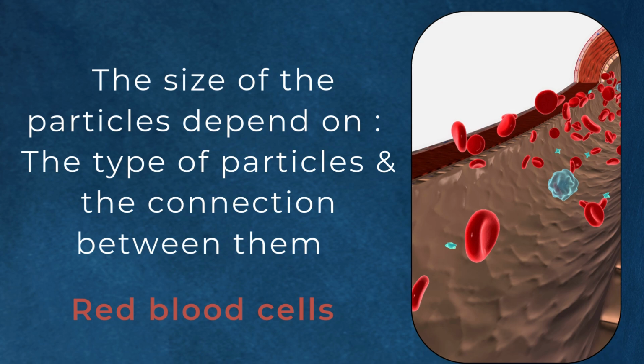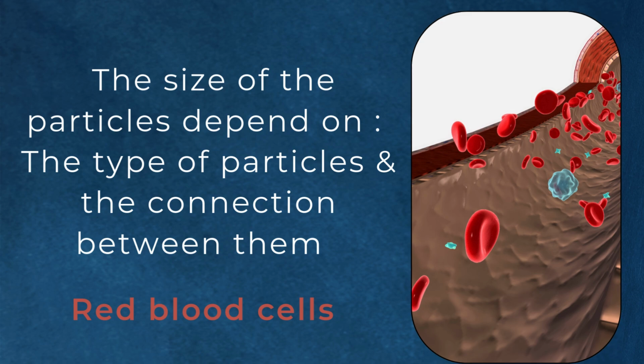So the size of particles depends on the type of particles, as each type of particles has a different size from the other particles. And we have an example here like the red blood cells that are found in our blood.